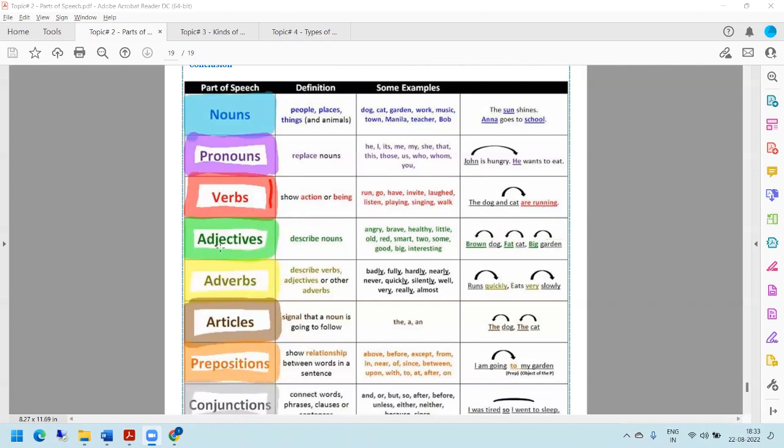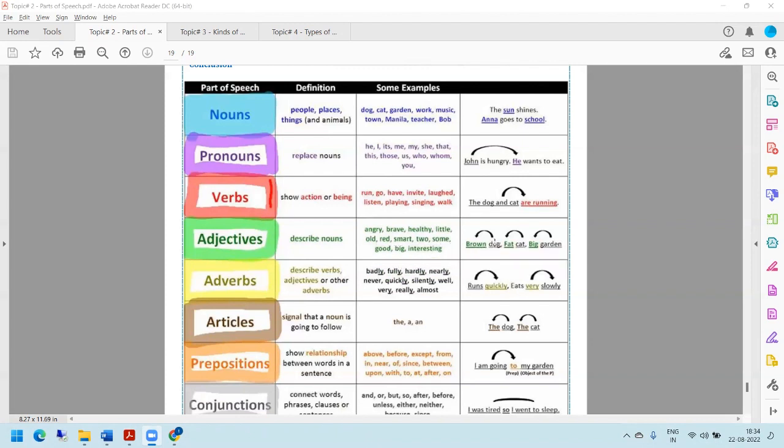Okay. Then we have adjectives, which describe nouns. Like, he is a good boy. Good is an adjective which describes the nature of the boy. In this sentence, the word good is an adjective because it is describing the noun boy. Angry, brave, and all these are some examples of adjectives.